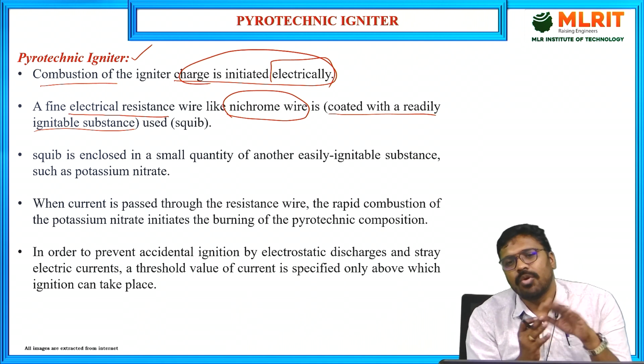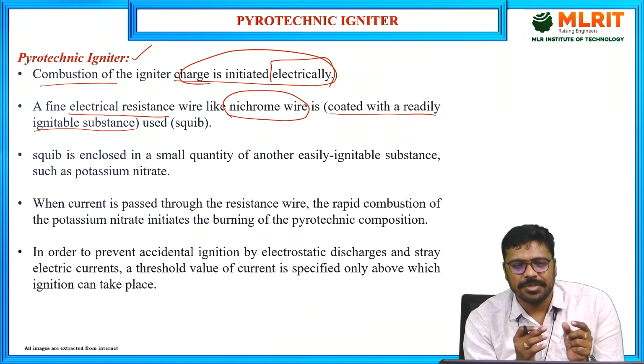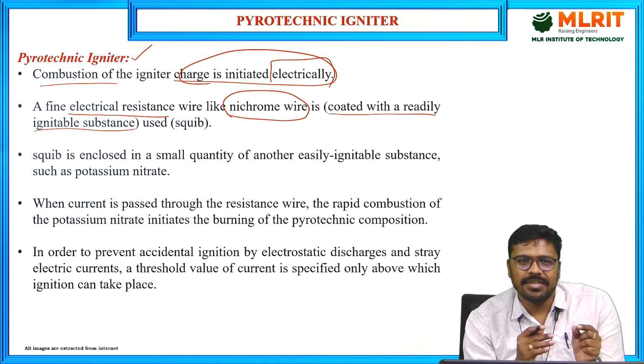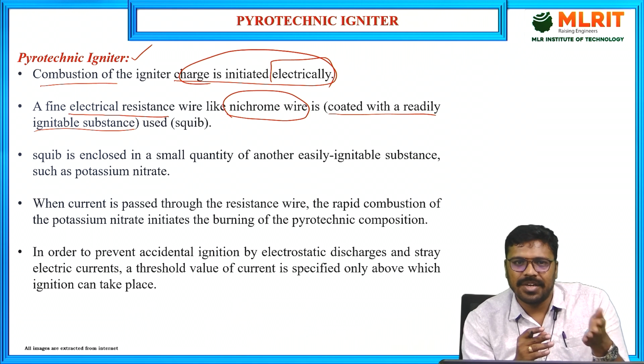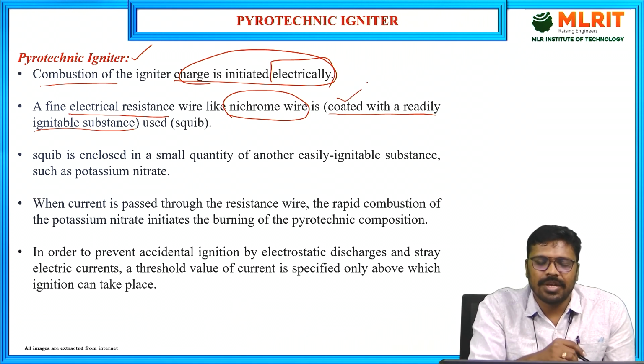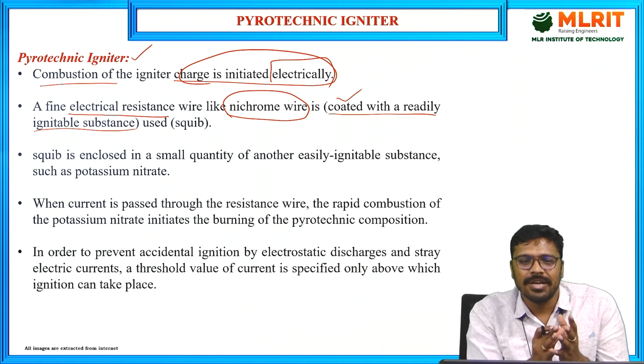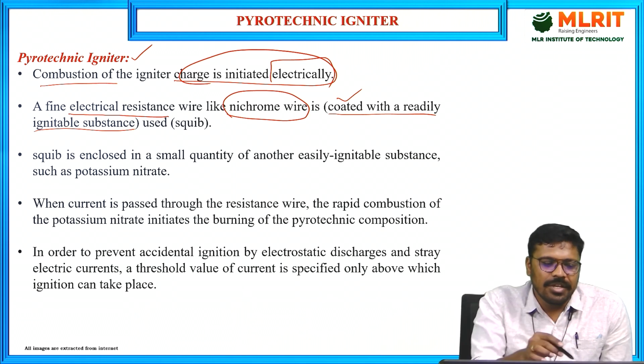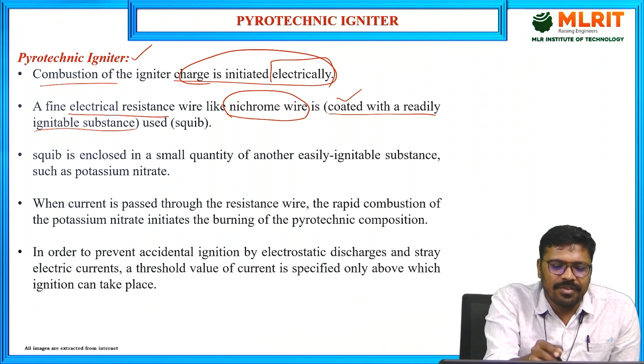Whenever it is powered with electricity, the resistance wire gets heated. Because of that heat, the coating material around the nichrome wire will start to burn and ignite. The nichrome wire coated with a readily ignitable substance is called a squib.